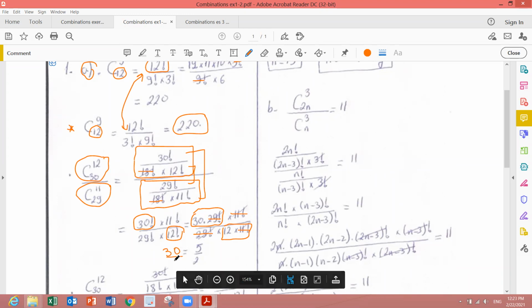By simplification divided by 6, we get 5 over 2.